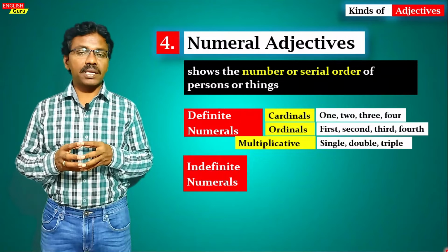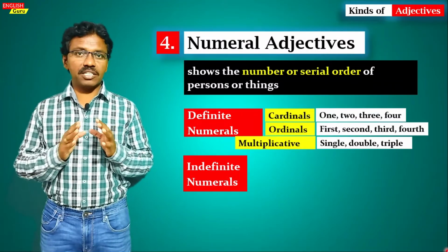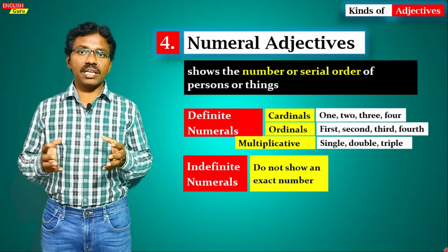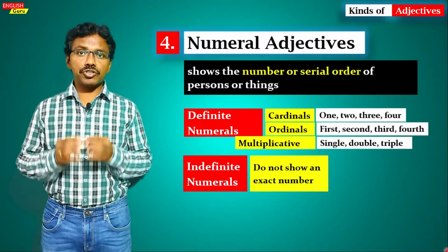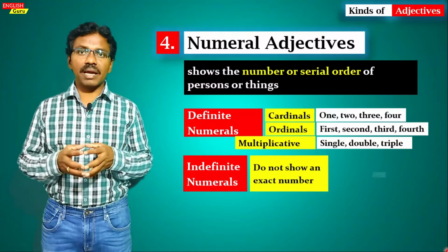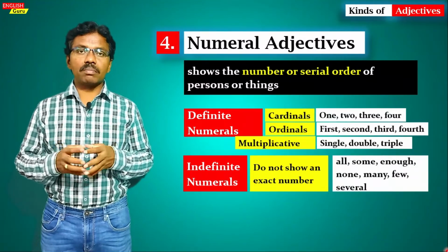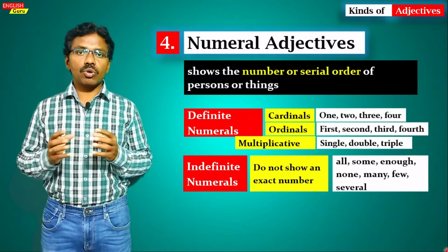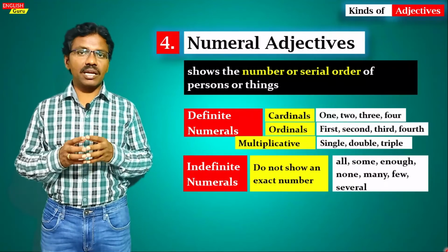So these are all multiplicatives, and these are all the definite numerals. And when it comes to indefinite numerals, there are many indefinite numerals. They do not show the exact number, and they talk in a general manner. They are all, some, enough, none, many, few, several.